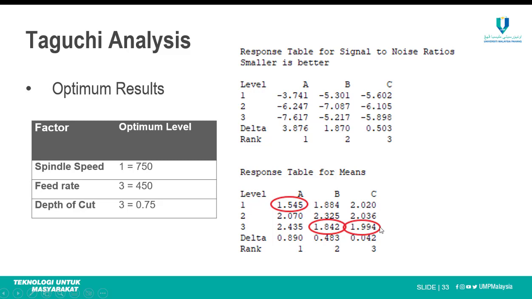C also is almost the same, but again level 3 is slightly better than level 1 and level 2. So from there, we can say that these are the optimum parameters that contribute to minimum surface roughness for our process.